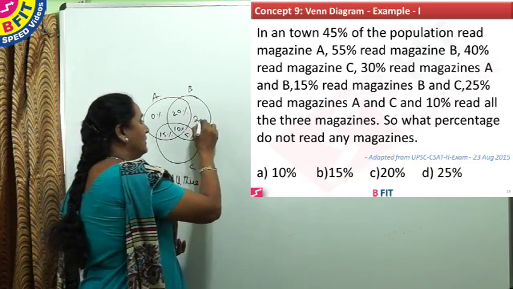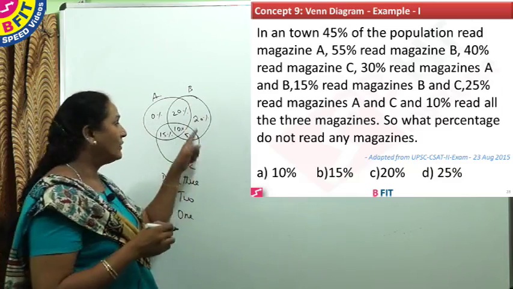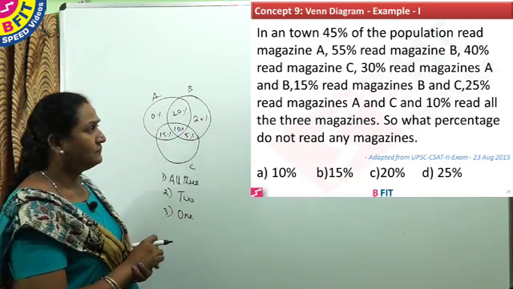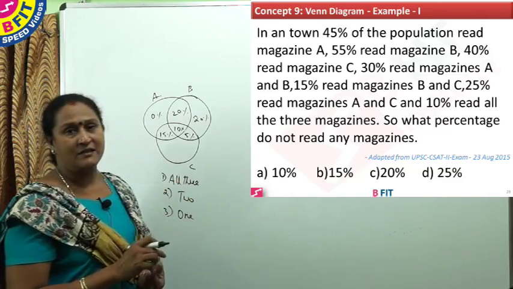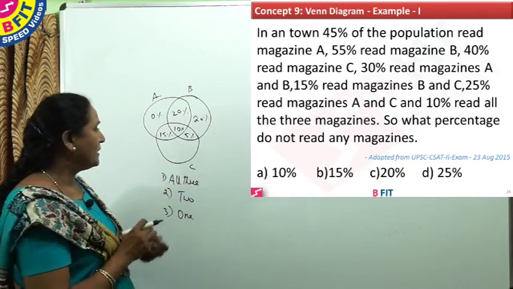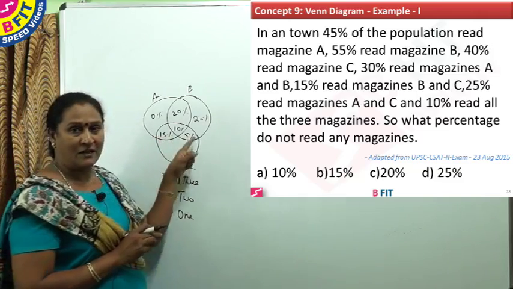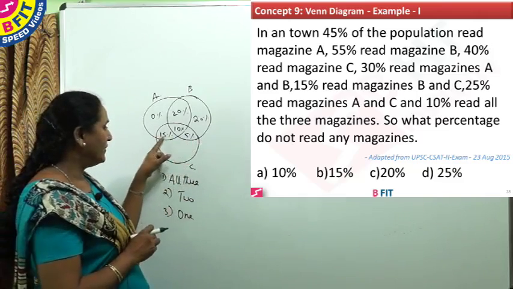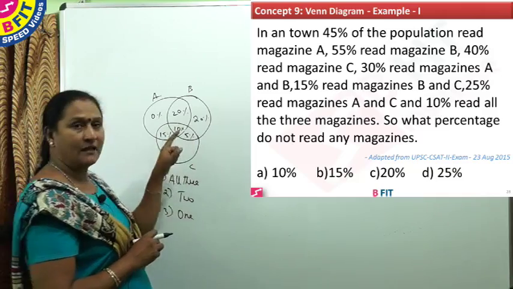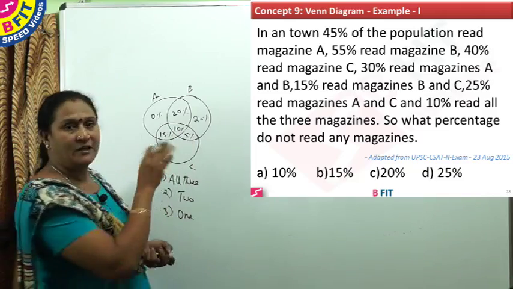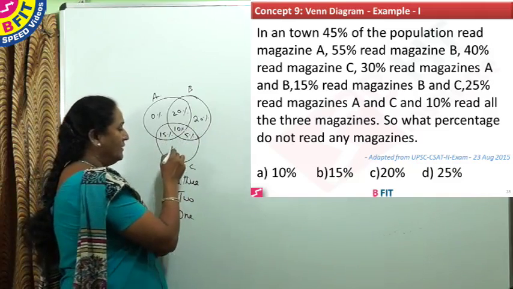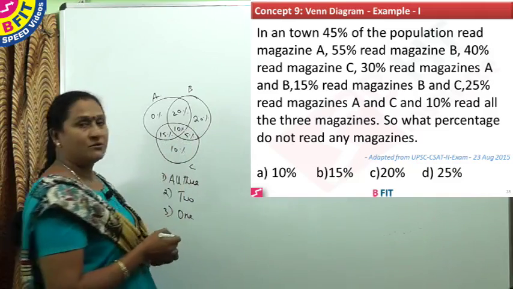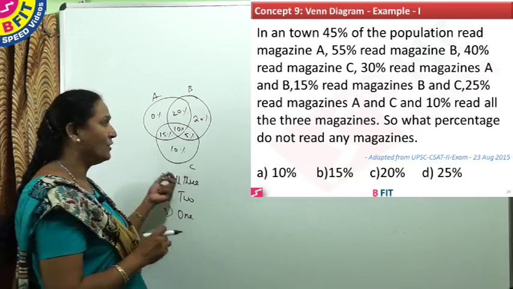So the remaining 20% read only B. And now to fill the C circle, 40% read magazine C. So in this 40%, what are the values we have already here? So 15 plus 5, 20, plus 10, 30, and already 30% is placed here. So subtract 30 from 40. So the remaining 10% is for only C.